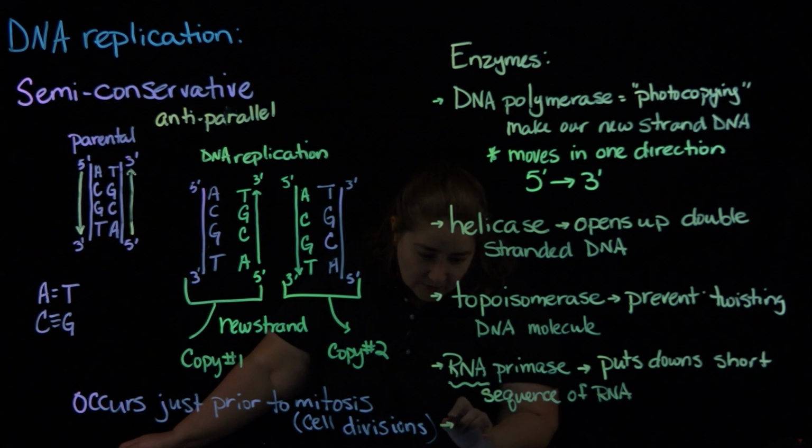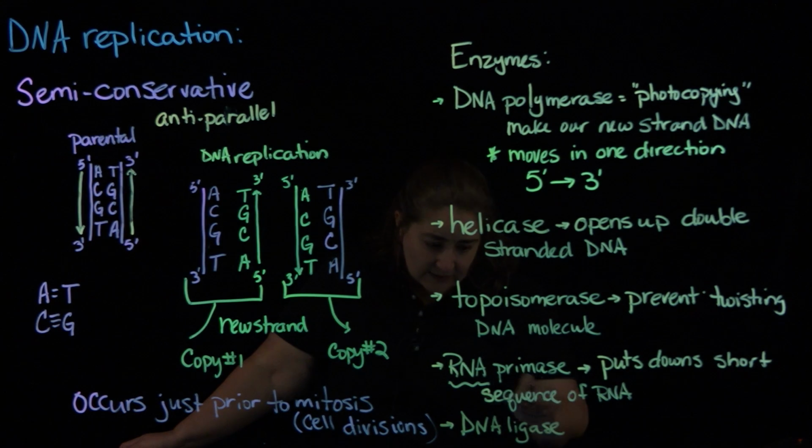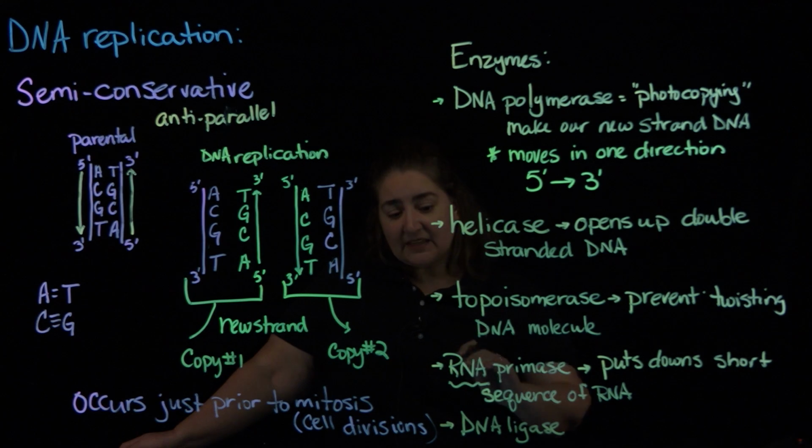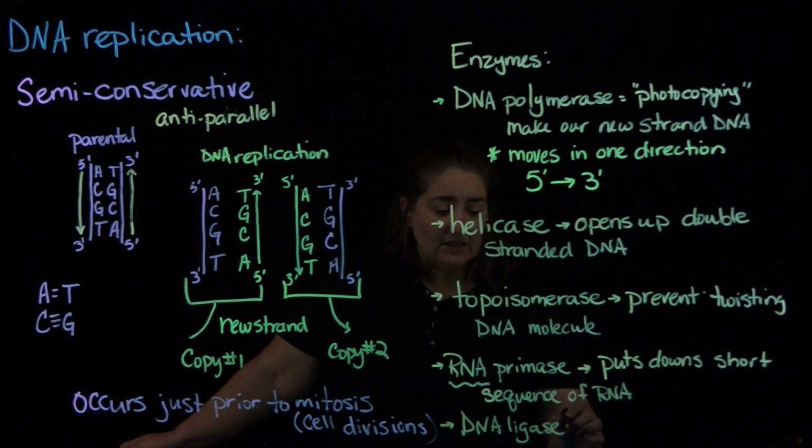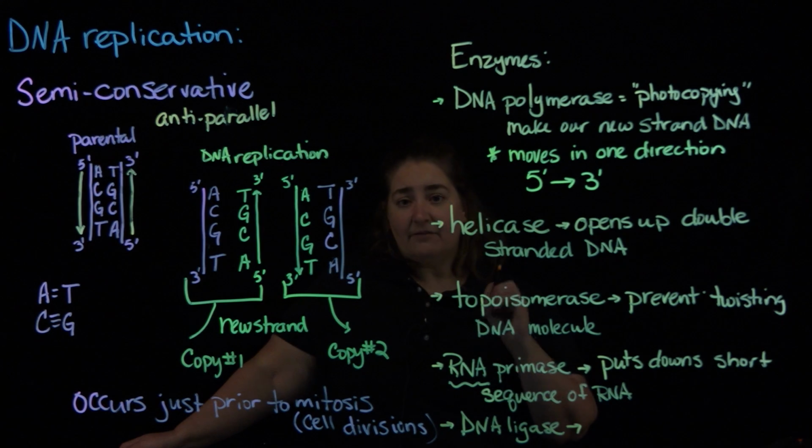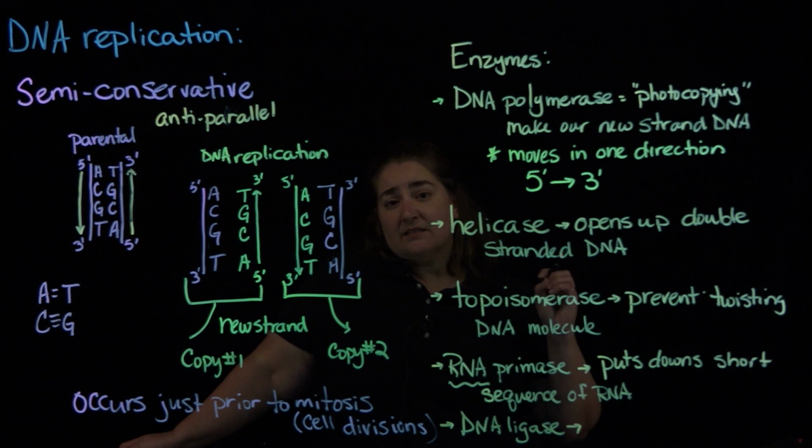We are also going to have DNA ligase. That's kind of related to our RNA primase because, as you'll see in the next video, there'll be some gaps in the sugar phosphate backbone.